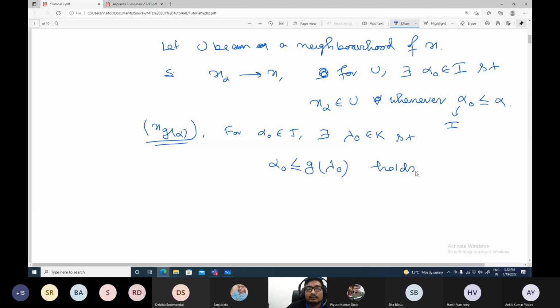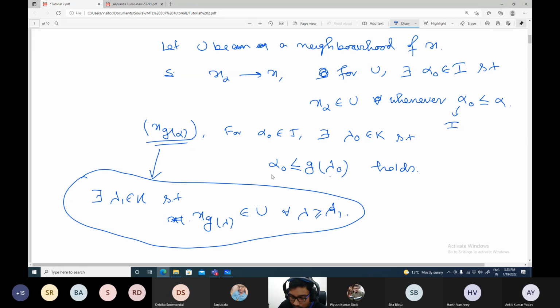Now can you see how to proceed? What we have to prove is that there exists some lambda 1 belongs to K such that X of G lambda belongs to U for all lambda greater than or equal to lambda 1. So you have to prove this one.